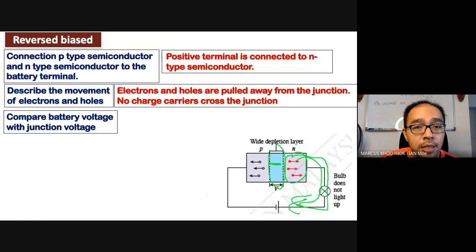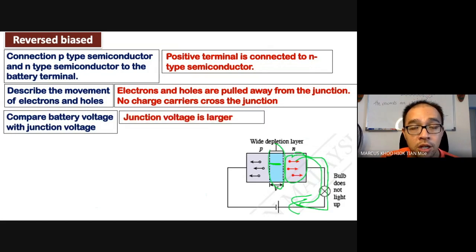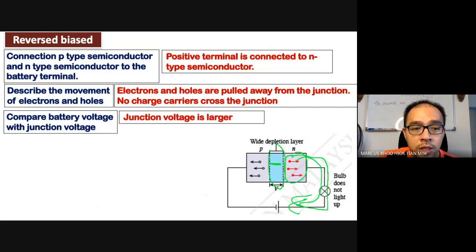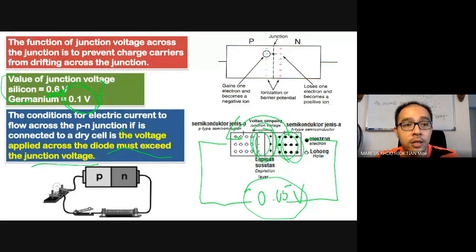So the battery voltage will become smaller than the junction voltage, because the bigger the depletion layer, the bigger the junction voltage. Remember when I showed you the original, this one just now, 0.6 volts and 0.1 volts, we were talking about only one layer of depletion layer.